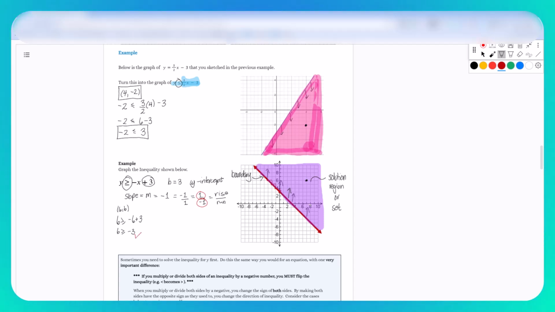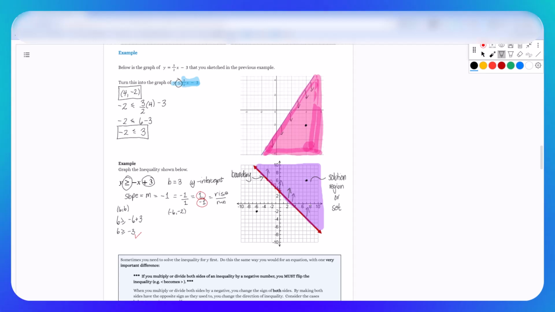And that's true. But what if we pick a point in the region that is not shaded? What if we picked (-6, -2)? Let's keep it at -2.